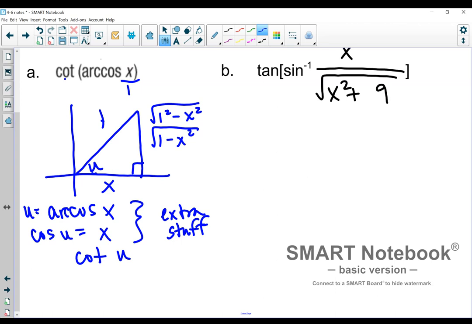So now when I do my cotangent, that's going to be, let's see, cotangent would be x over y. So that's going to be x over the square root of 1 minus x squared. So then I want to rationalize it.